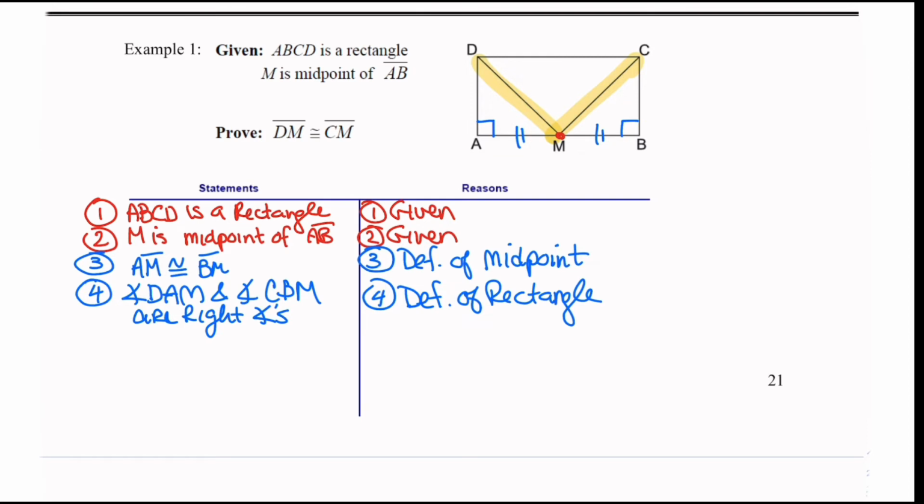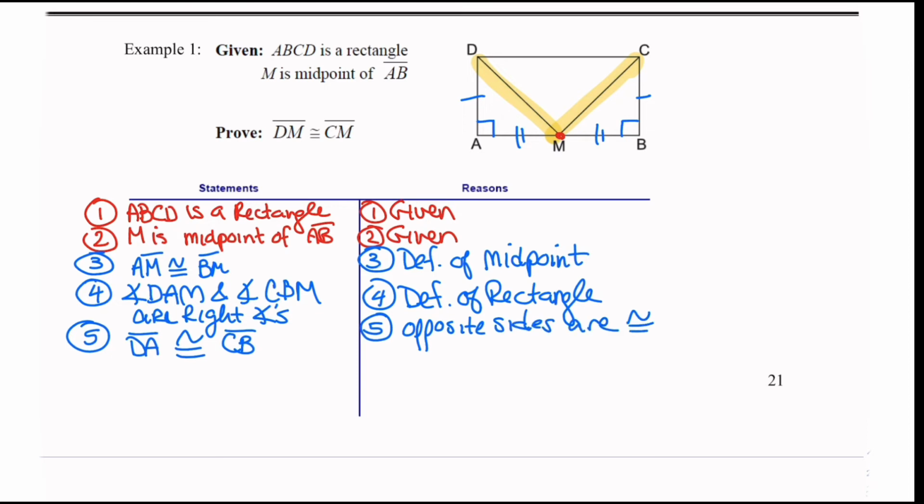Beautiful. And now, because this is a rectangle, we also know that these two sides are congruent to each other. So I'm going to say that DA or AD is congruent to CB or BC, and that reasoning there is because opposite sides are congruent. That is in our rectangle that was given to us.